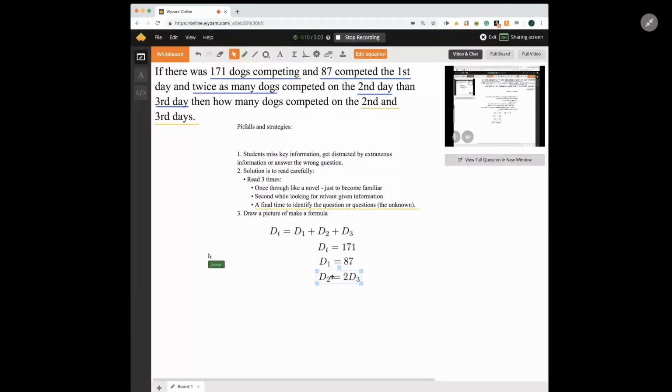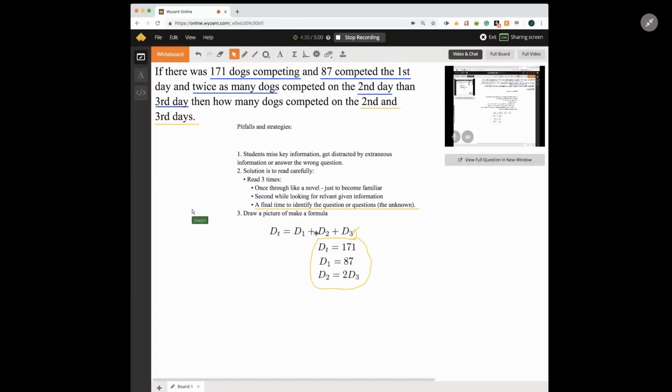Okay, now we have more than enough equations, and we should be able to create a single equation with a single unknown using this. And we're going to do that by substituting these equations here into this equation right here.